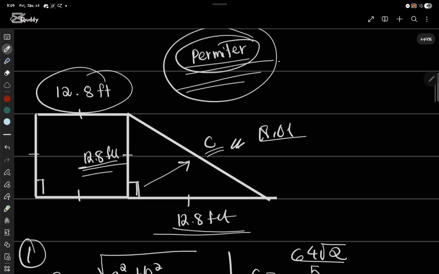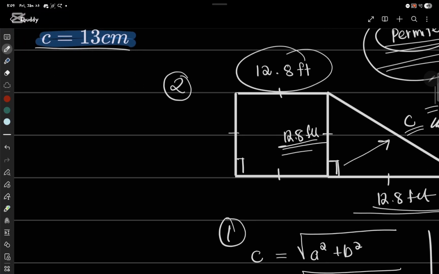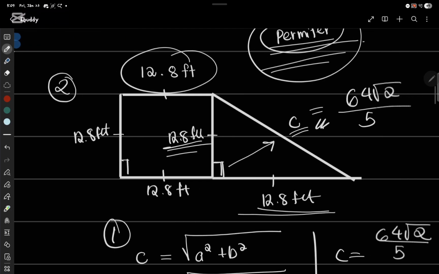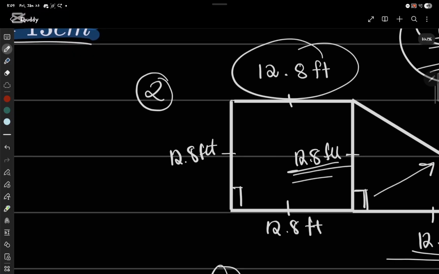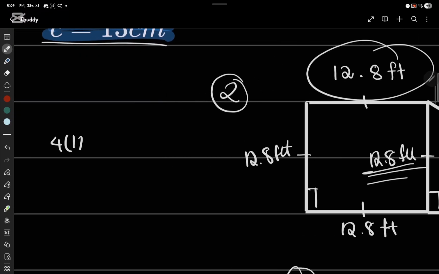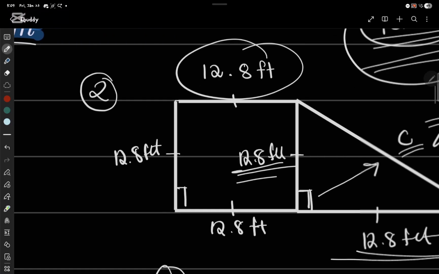So we got that. So that's around, let me just write it down right there, 64 times root of 2 over 5. Okay, and these hatch marks indicate that these sides are also the same, 12.8, 12.8. So yes, for the perimeter, so the square here, we need to have 4 times 12.8 to account for this.